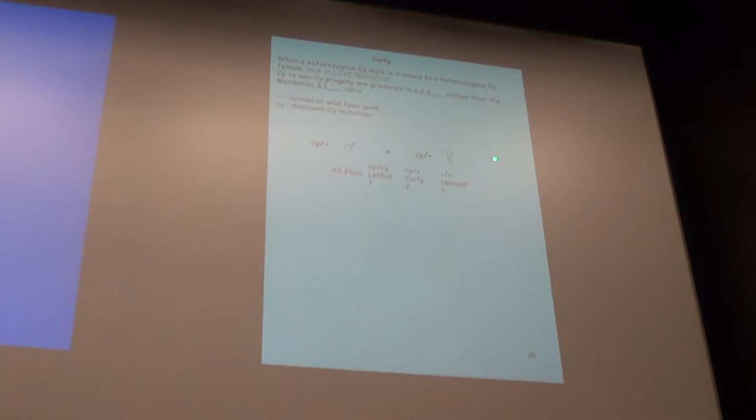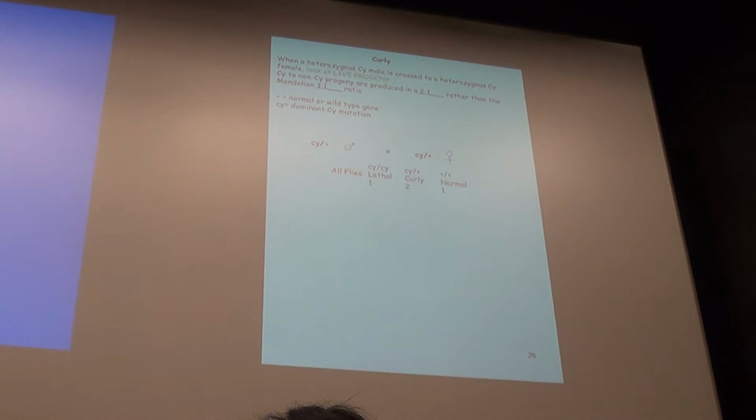Alright? Is this clear? Heterozygous to heterozygous, you get 1:2:1 genotype ratio. These plus pluses are normal wing. These are curly wings. These flies never come out of the pupa. They're dead. So you get a ratio 2 curly to 1.